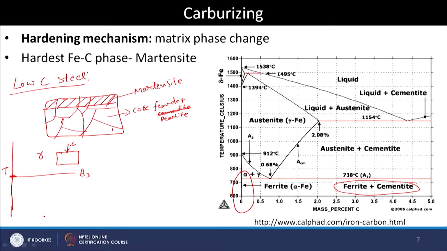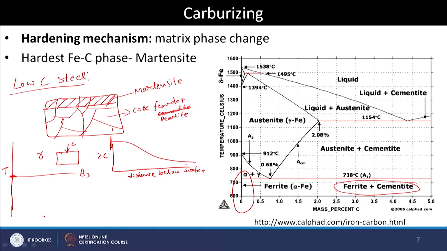Then, if you look at the percentage of carbon as a function of distance below the surface, we generate a profile like this.